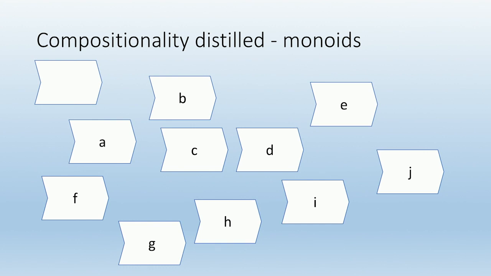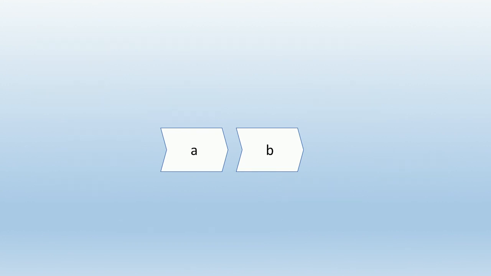Now, I want to jolt you out of thinking about the Haskell type class monoid, which you might be familiar with, mappend and mempty and all that sort of thing. That is one application of a monoid, but actually it's a much, much more general sort of concept. And here I want you to just think about building blocks, that we're building a big thing out of little things, whatever that might mean. So we'll say we have two things. We have some means of combining them into a bigger thing.